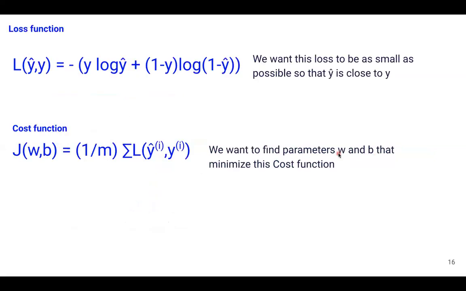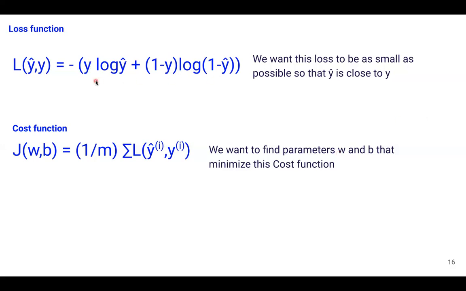Okay, so then we will introduce two terms. One is the loss function. If your network gives you a wrong output, so if your y and y hat are very different and don't match, then the loss function will capture that and penalize that mistake.